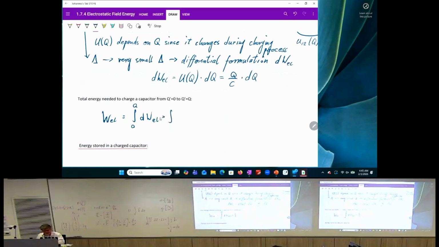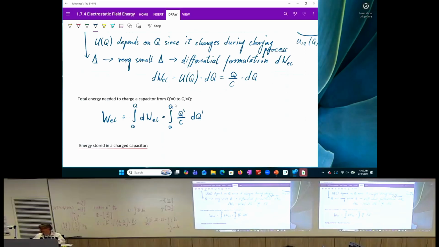We integrate from 0 to Q, Q prime over C dq prime. And when I use this q prime here, this is nothing like a derivative or such. This is just q prime. I use a different symbol here to denote the charge, just to avoid a mix-up with our Q, which denotes the limit of integration.